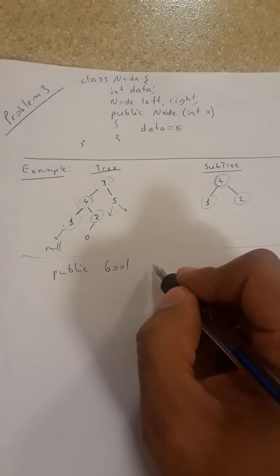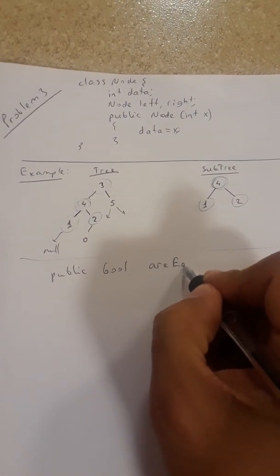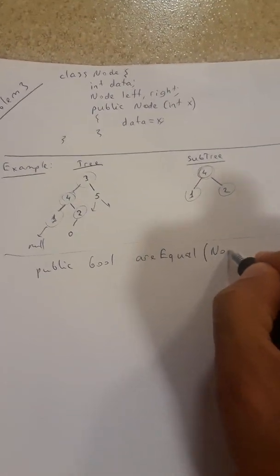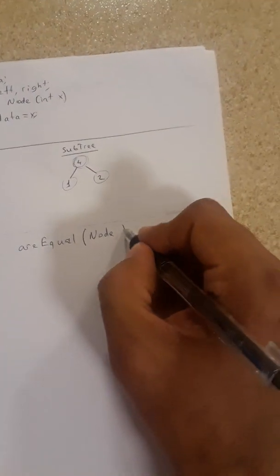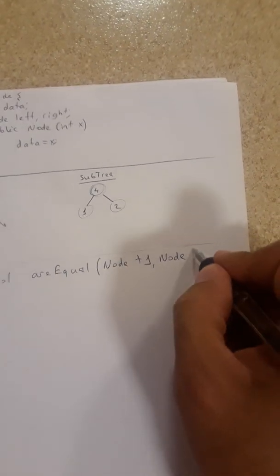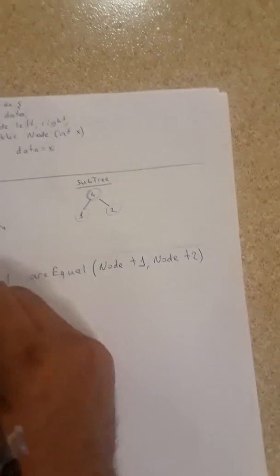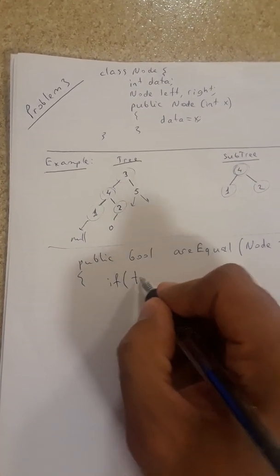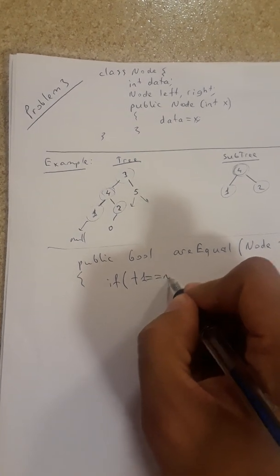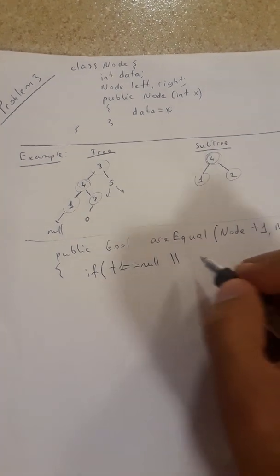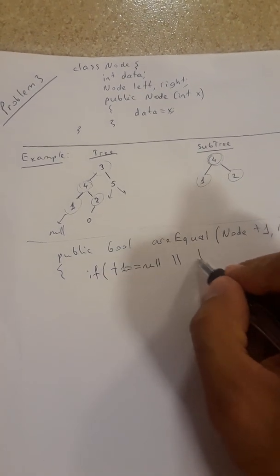It will return a boolean, and I called it rEqual function. The first node will be t1 and the second node will be t2, and here I will check if those nodes are equal or not.